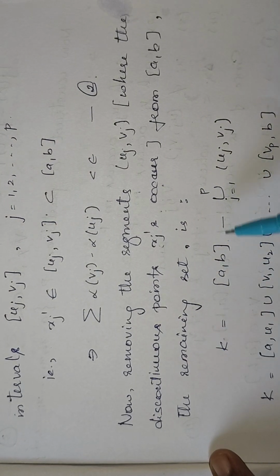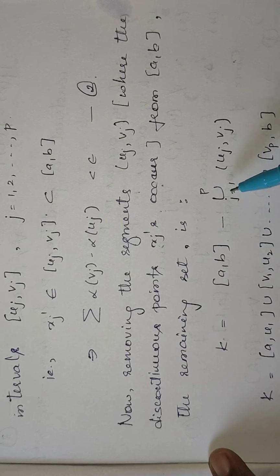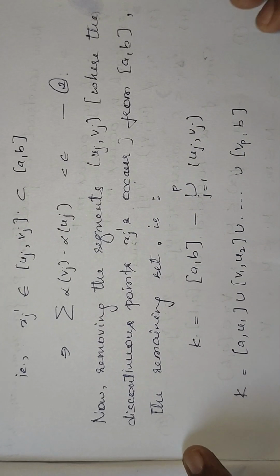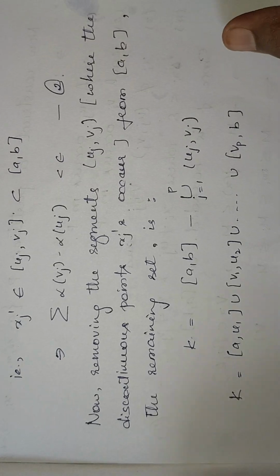Then the remaining set will look like K equal to, so I am subtracting these open intervals from the closed interval [a, b], and that will be K equal to the closed interval [a, u1] union [v1, u2].